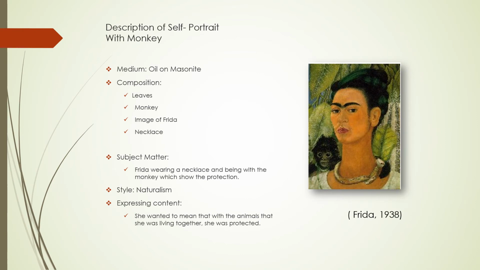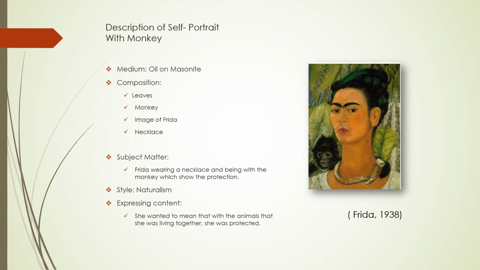And due to that, the subject matter is Frida wearing a necklace and being with a monkey, and that's the reason why I say that this is the subject matter. This is because of that monkey and Frida, the face of Frida.